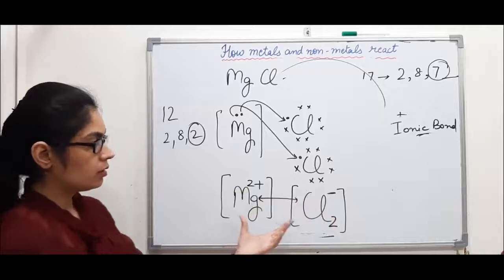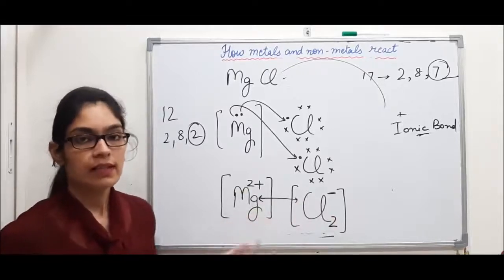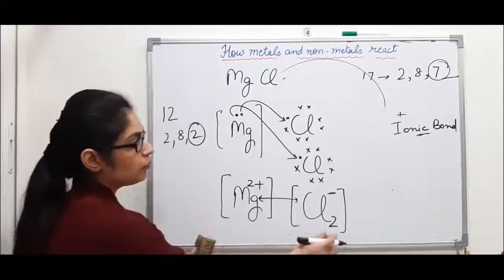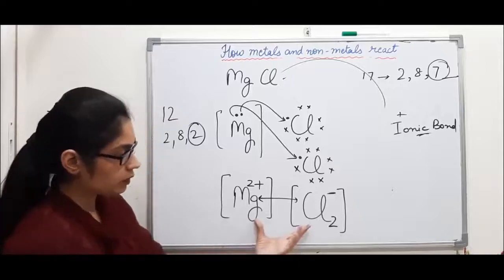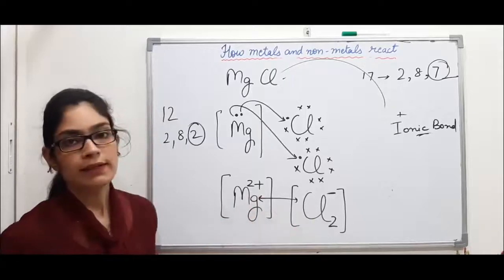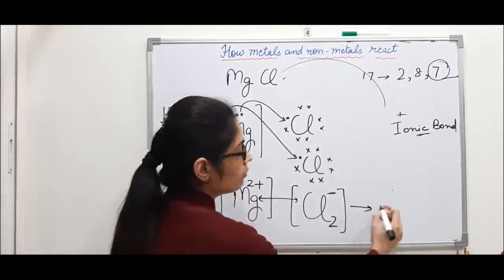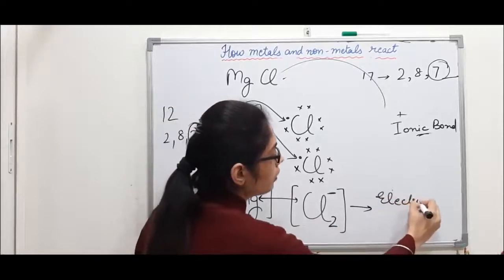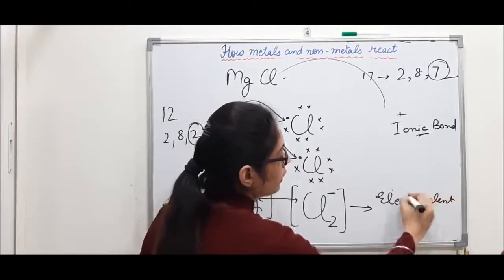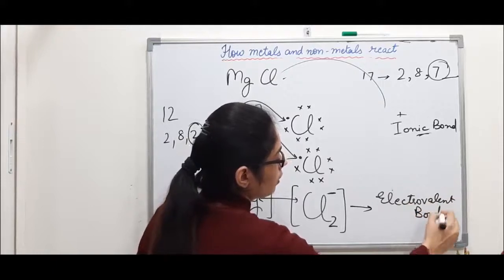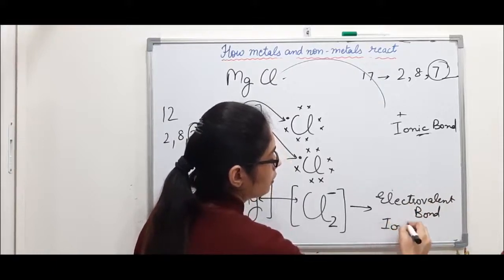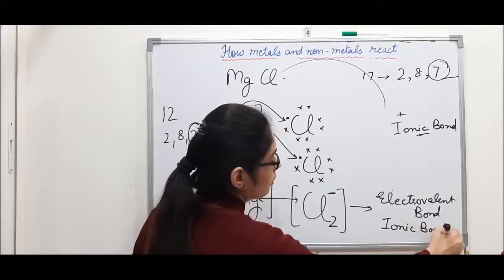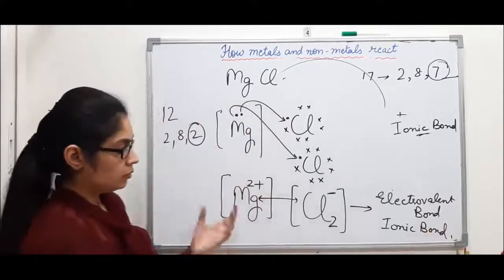So a force of attraction, that is an electrostatic force of attraction, between these two, between metal and non-metal, will take place, due to which they will form an electrovalent compound, an electrovalent bond or ionic bond. So this is the metal.